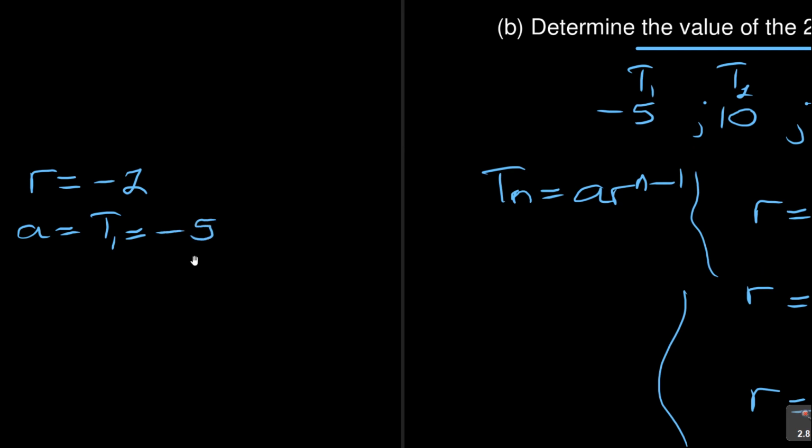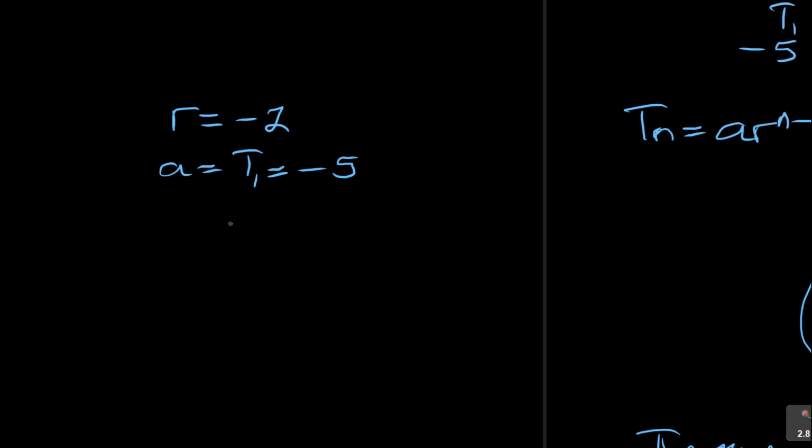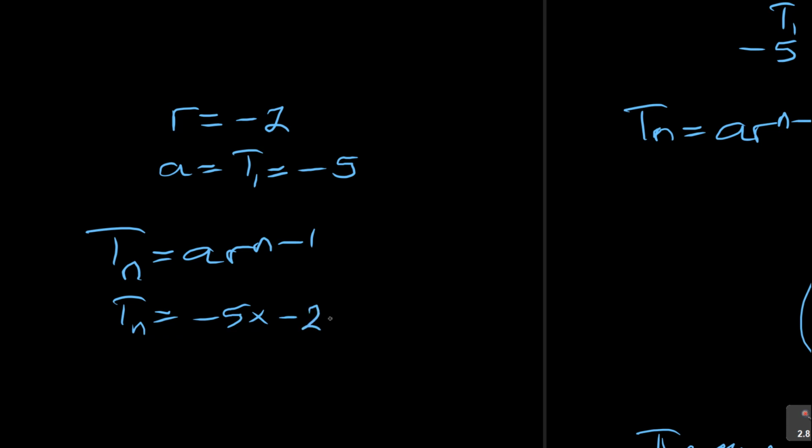Are you with me? And then you can from here find the general term Tn, which is equal to A R^(n minus 1). Tn is equal to A, which is negative 5, times R. What is the R? Is negative 2. And then you need to be very careful now.